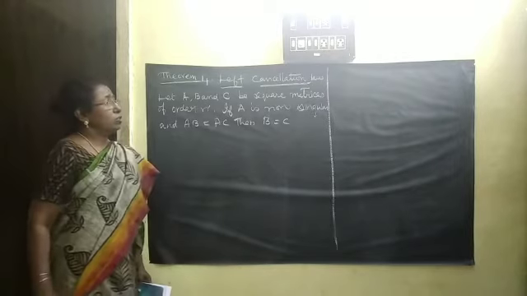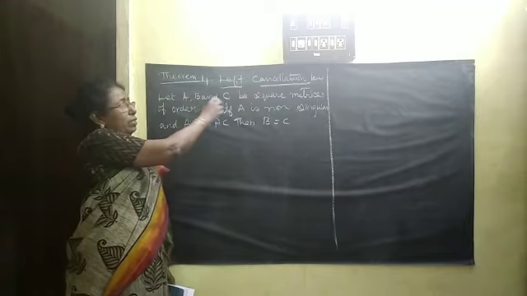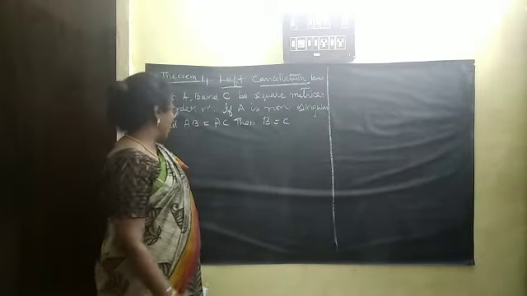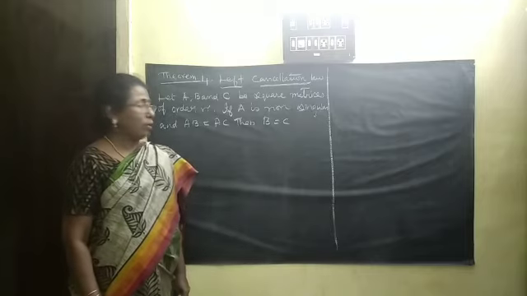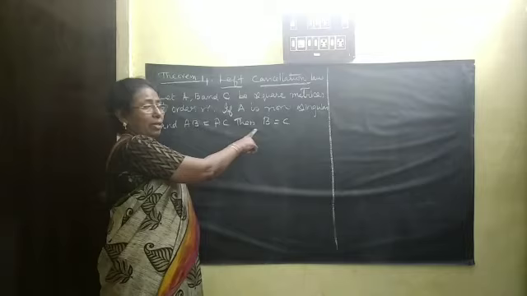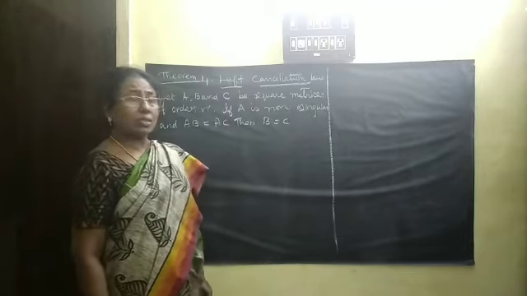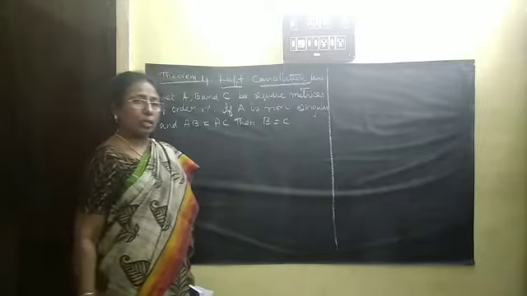The next theorem is on the left cancellation law. If A, B, C are square matrices of order n, if A is non-singular and AB is equal to AC, then B is equal to C. The first condition is A is non-singular.